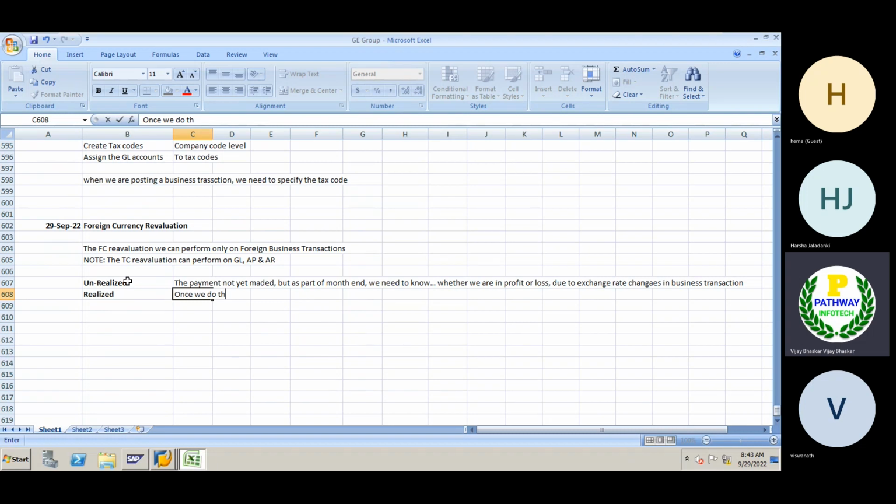Then realized means once we do the payment to the vendor, say I do the payment on 15th of October, then I will come to know exactly how much amount I have lost or gained. That is the realized profit or loss. I will explain with an example.